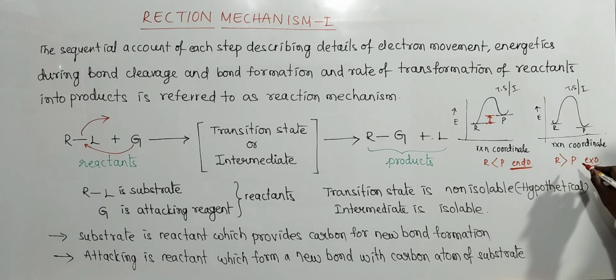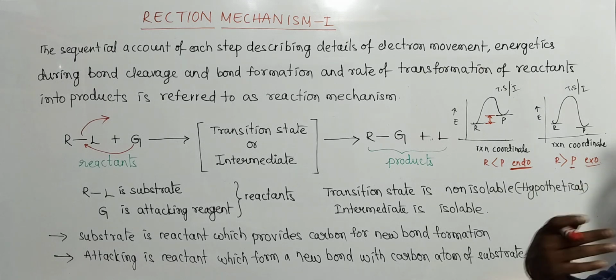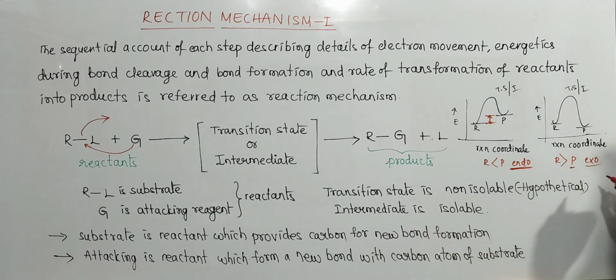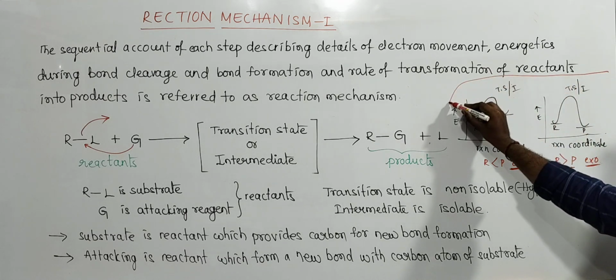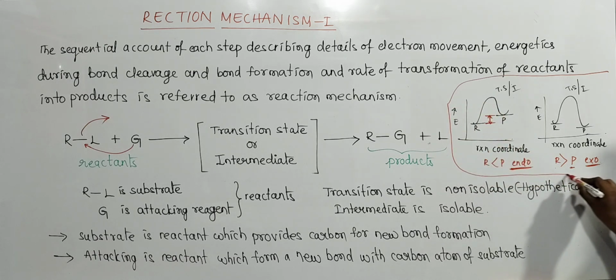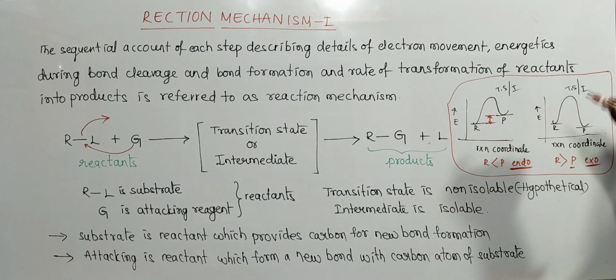If reactant energy is greater than product, the product has less energy, so the remaining energy is released to the surroundings. That is called an exothermic reaction. Thus reaction mechanism deals with energetics during bond formation and bond cleavage also.